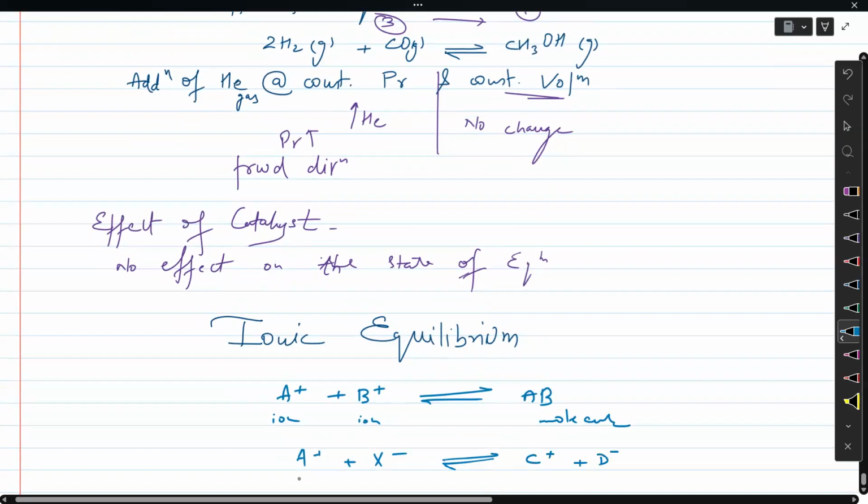So here everything will be ions. So how ions are in equilibrium, what is their effect, what is the acidic nature, basic nature, the salts, strong electrolyte, weak electrolyte, we are going to study in this chapter, ionic equilibrium.